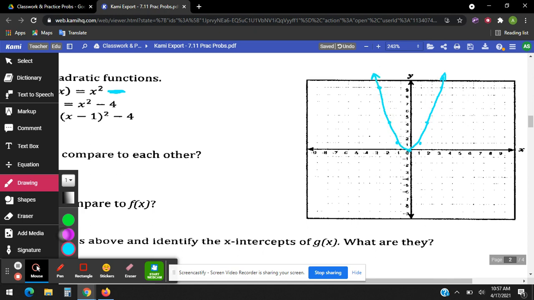Okay, so let's see what we're going to do this time with them. All right, so x squared minus 4. So I'm taking my x squared and I'm dropping it down 4. So 1 minus 4 is negative 3. 4 minus 4 is 0.